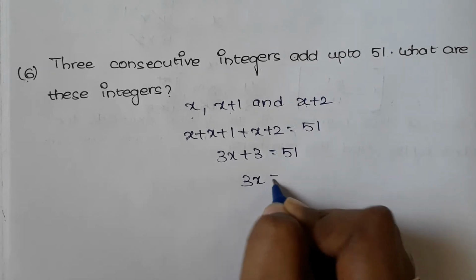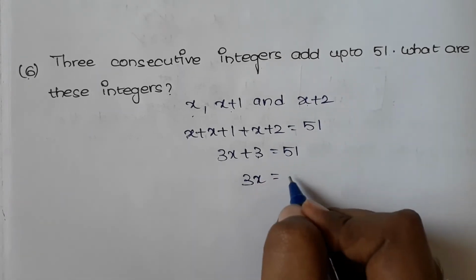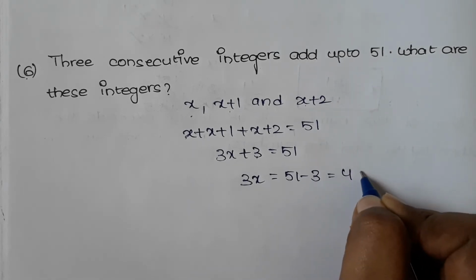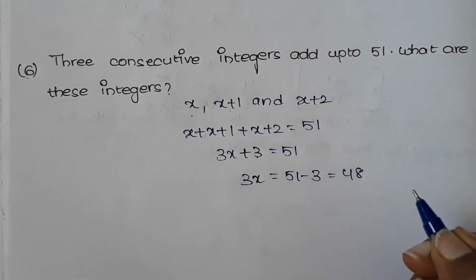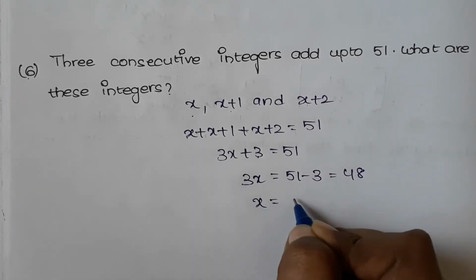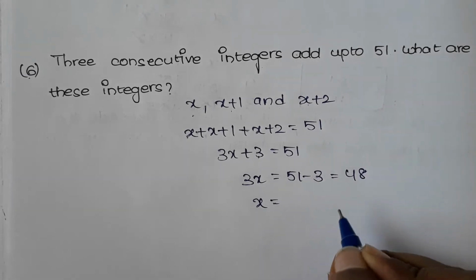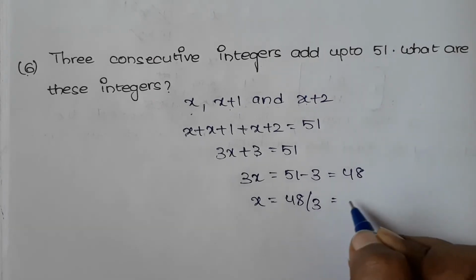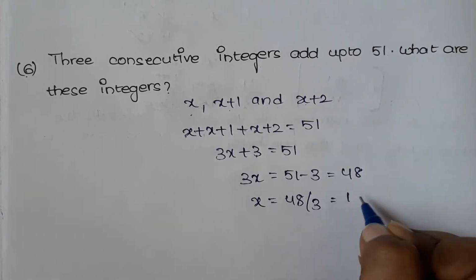Now 3x equals, this 3 taken to the RHS side, that is 51 minus 3, 48. x equals 48 divided by 3, that equals 16.